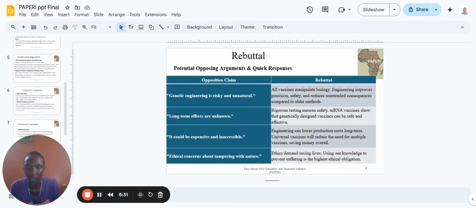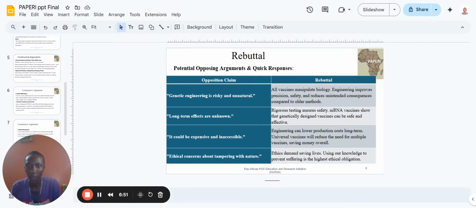The opposition team claimed that long-term effects of the vaccines are unknown, but we rebut and say rigorous testing ensures safety. mRNA vaccines show that genetically designed vaccines can be safe and effective too.